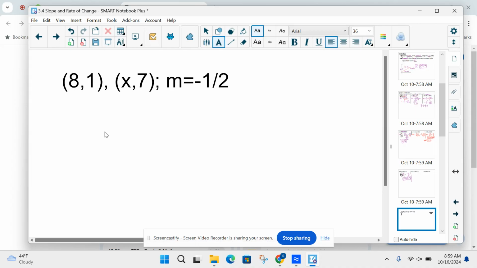You can't divide by 0. So this question, you're working backwards.